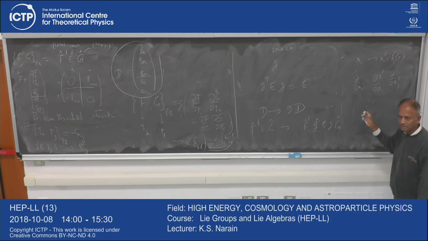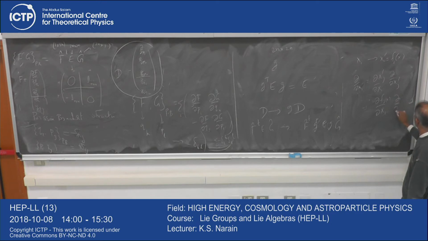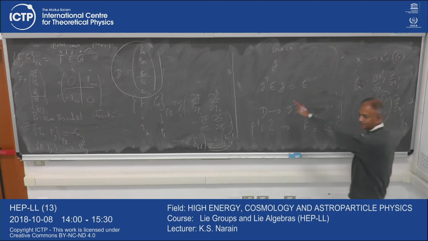And then you get this f_j over x_i. This is now a function of x, so the derivative makes sense. And this gives you the matrix, these matrix elements, G.